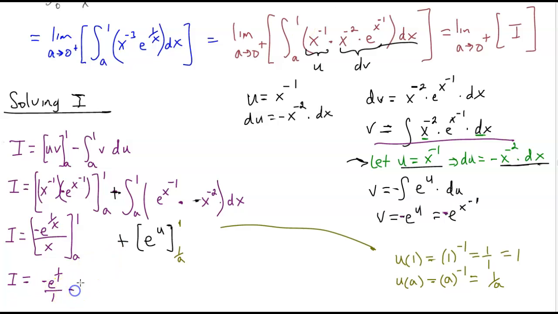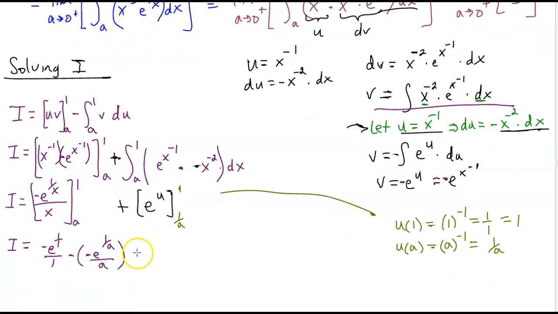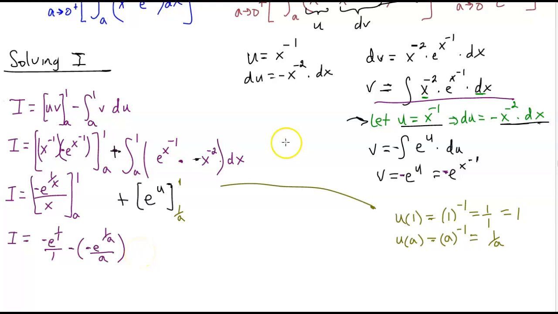And then we have a minus e raised to the 1 over a, all that over a. And then your left term will just end up being a minus e.